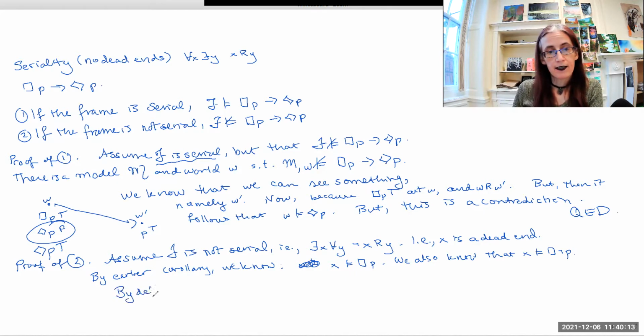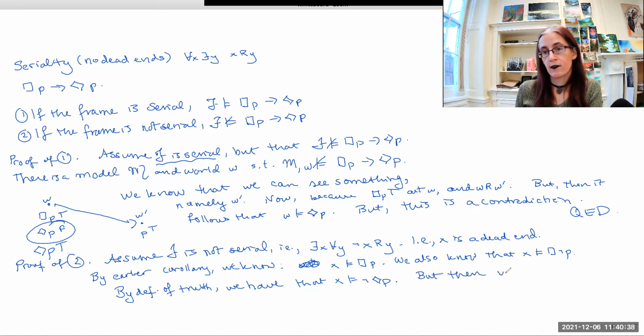But then by the definition of truth, we have that at X, not possibly P is true, because we've just swapped the negation and the modal operator and changed the modal operator. So if not P is necessary, then P is not possible.